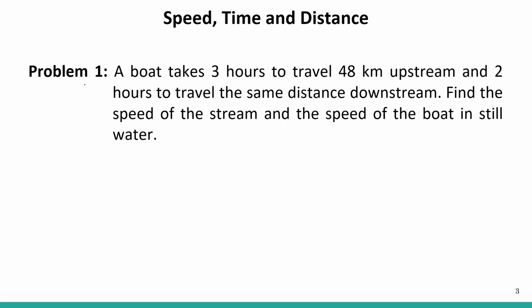Starting from problem number 1: a boat takes 3 hours to travel 48 kilometers upstream. Here the keyword is upstream. It takes 2 hours to travel the same distance downstream. Let's say the boat is going in this direction, so this will be upstream and this will be downstream.